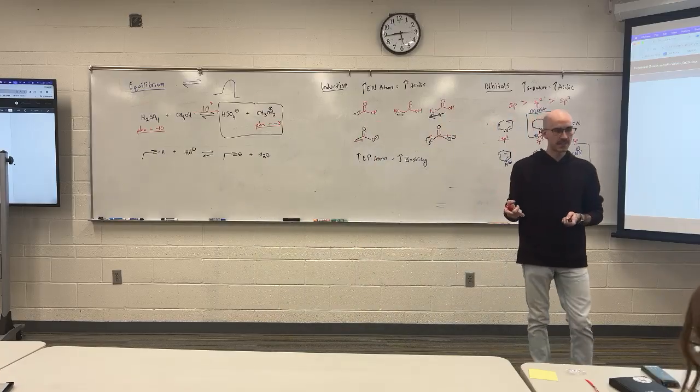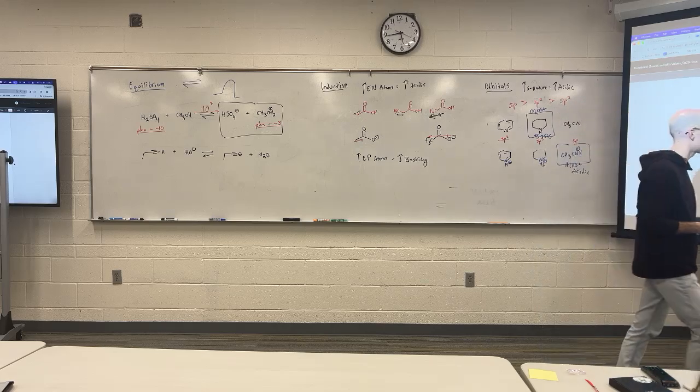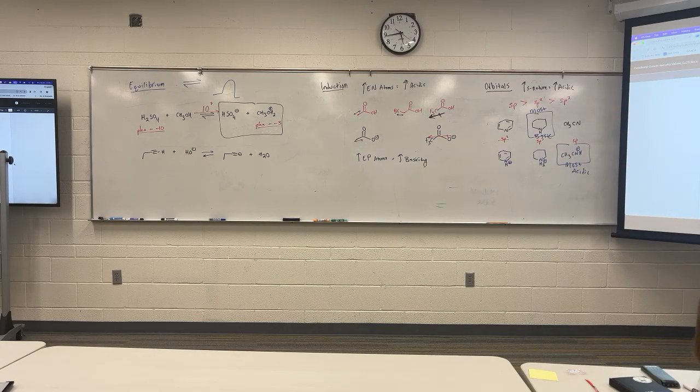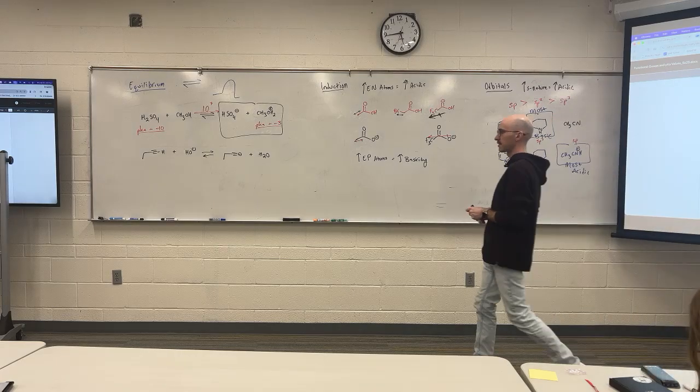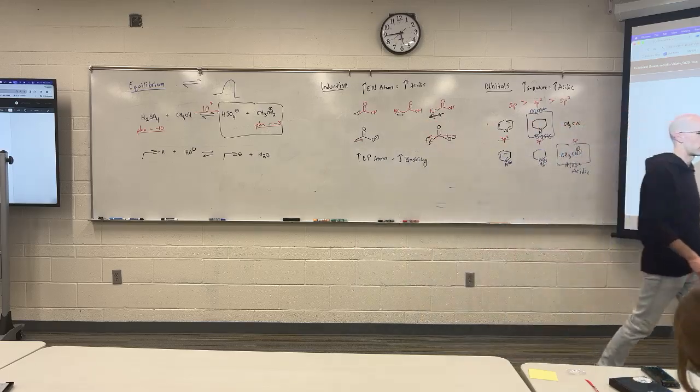I'd like you guys to decide what is the acid on both sides of the equation, and what are the pKa's that should be assigned to them? I'm going to scroll down so you can use this tool. What are the acids? What are their pKa's? And what side is favored by equilibrium?